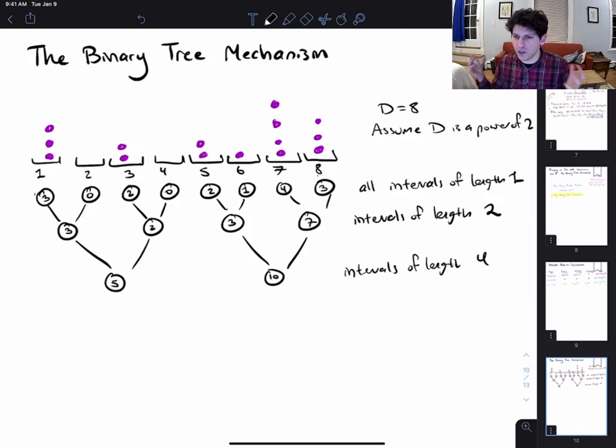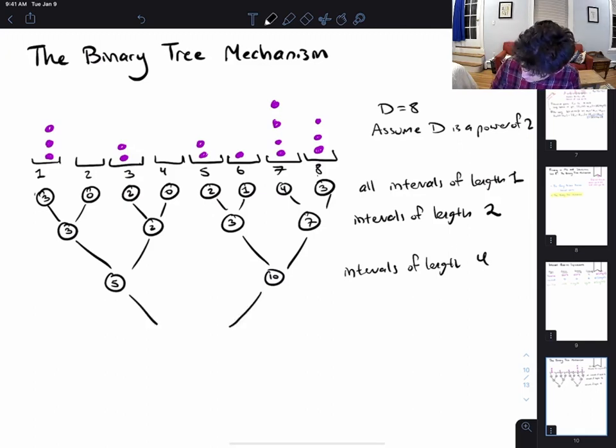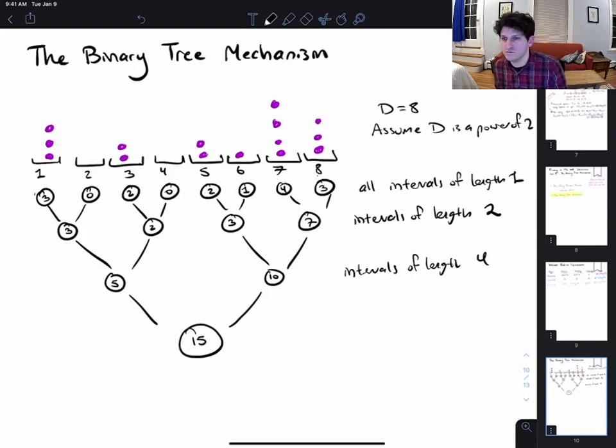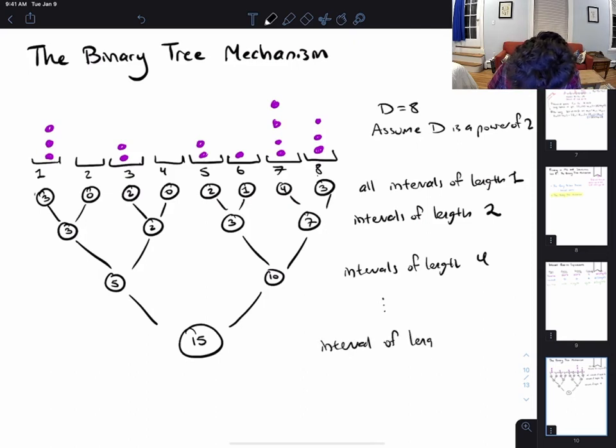So let's just keep going until we go all the way up the tree, and we just get a single query. Obviously at the top, I just got one query whose answer is n, but at the end, we get one interval of length d. Okay, so the number of times I have to do this is logarithmic, right?